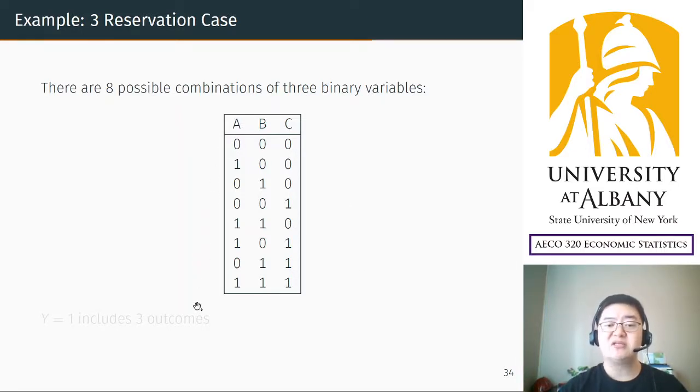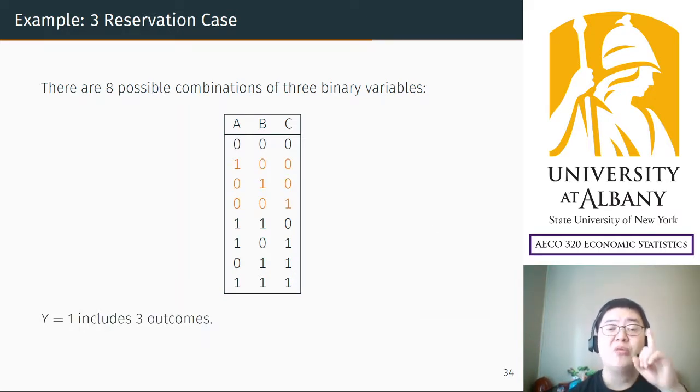And among these 8 outcomes, we are interested in the case where only one reservation is cancelled. 3 of the 8 outcomes satisfy the event. So we are interested in these three combinations.